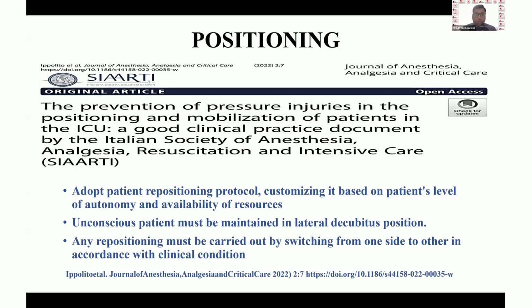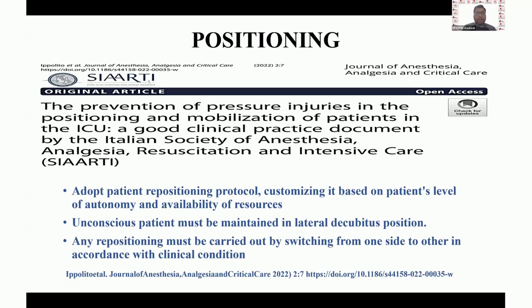Second point, positioning. What the 2022 article on the prevention of pressure injuries, positioning and mobilization of patients in ICU says is to adopt a patient repositioning protocol, customizing it based on the patient's level of autonomy, that is what the patient wants, and the availability of your resources.